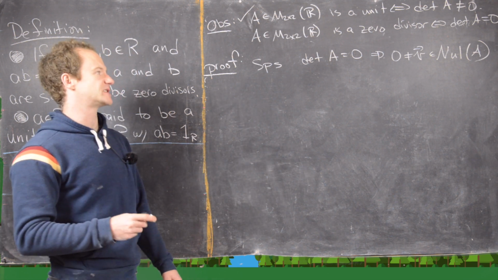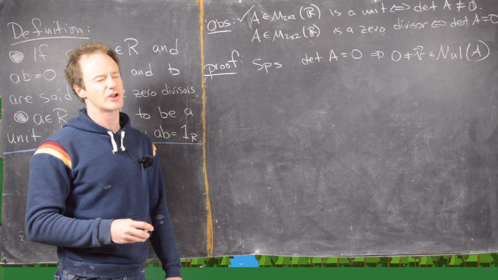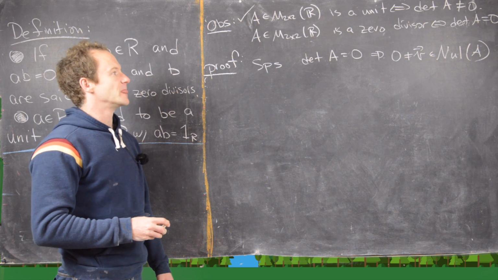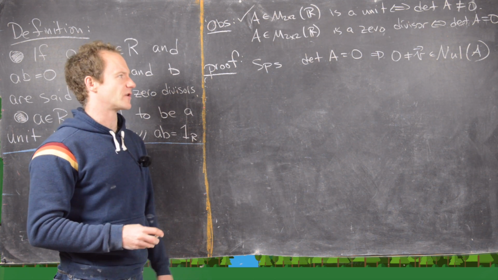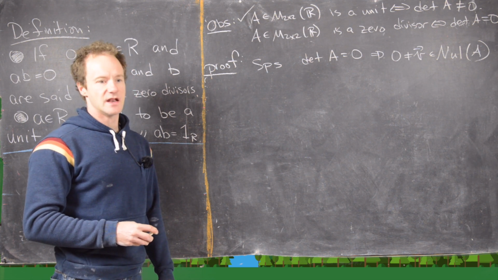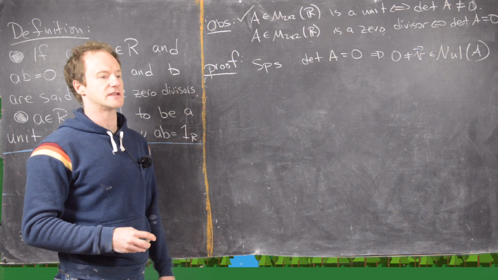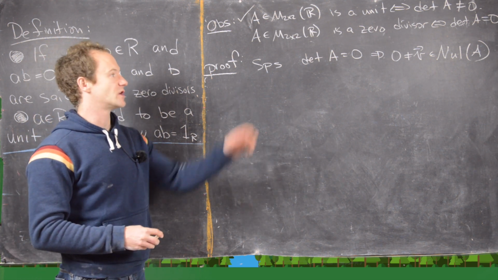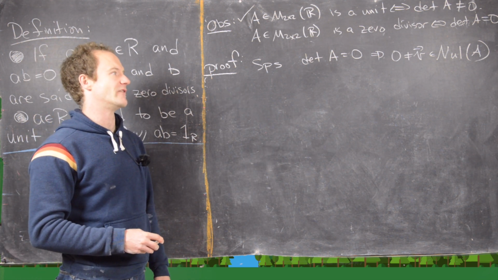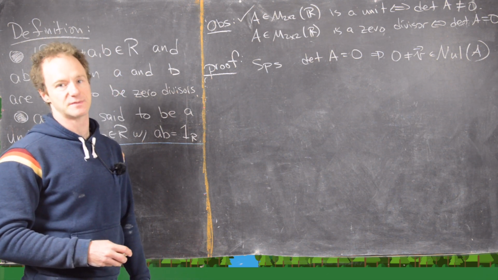We're going to do it with this null space of A, but you could also do it using maybe the fact that if you have a non-invertible matrix, then two of the rows are linearly dependent, or the columns are linearly dependent, or something like that. But we'll use this one where we have a vector from the null space of A.